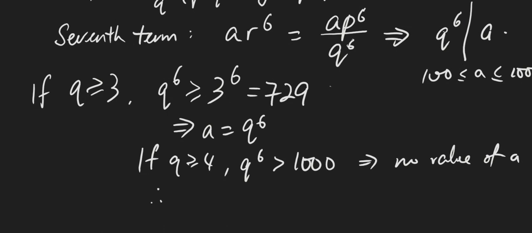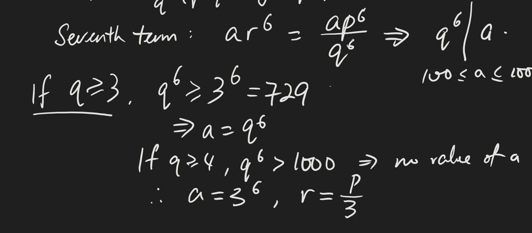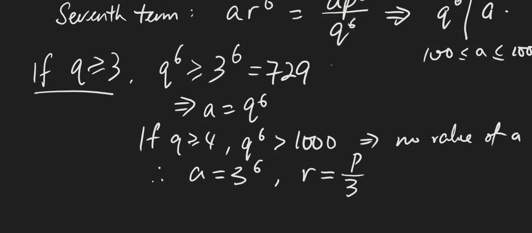And hence, in this case, a must be equal to 3 to the power of 6, and the ratio must be p over q. q is 3, so p must be greater than or equal to 4.